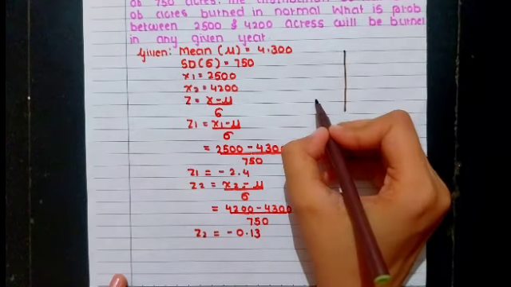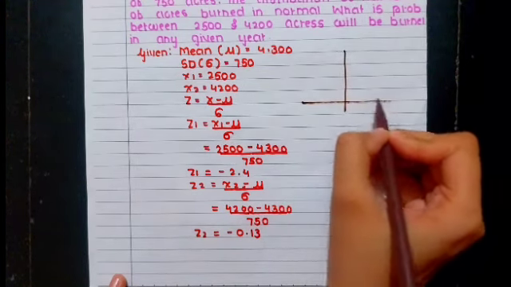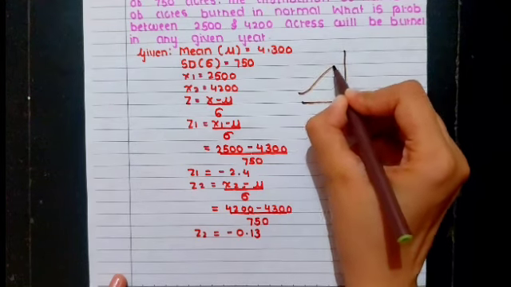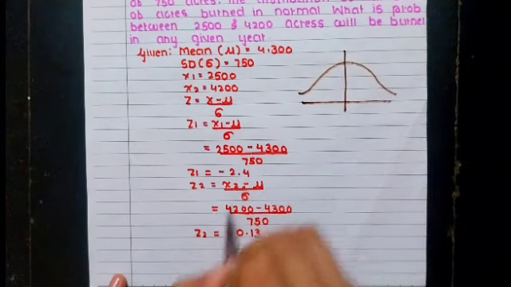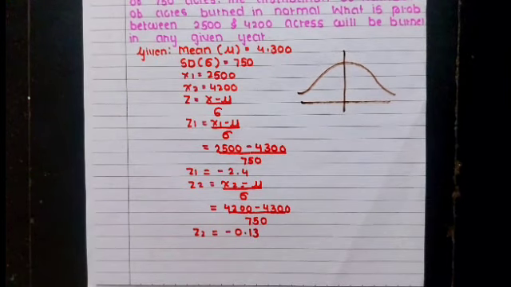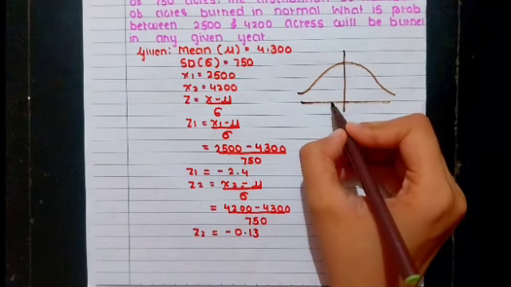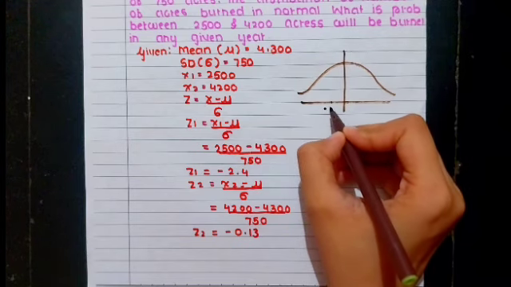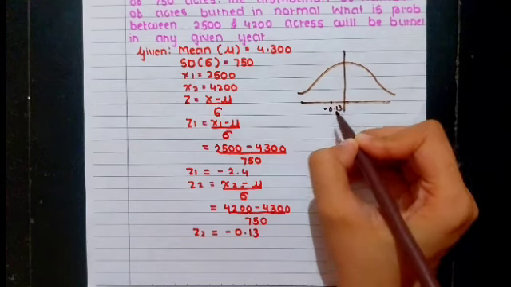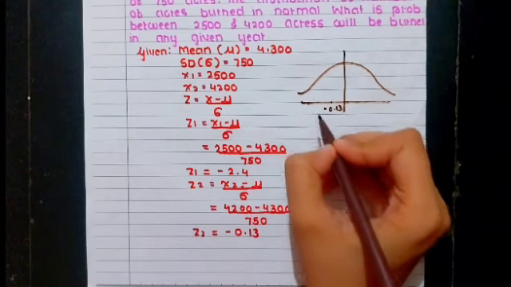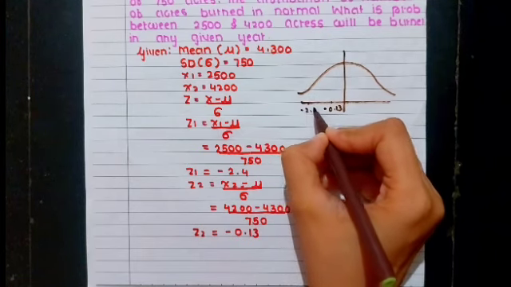As it shows the normal distribution, first of all we have to draw a bell-shaped curve. Here both the z values are on the negative side, that is on the left-hand side of the x-axis. So the first point will be at minus 0.13, and another will be at minus 2.4.